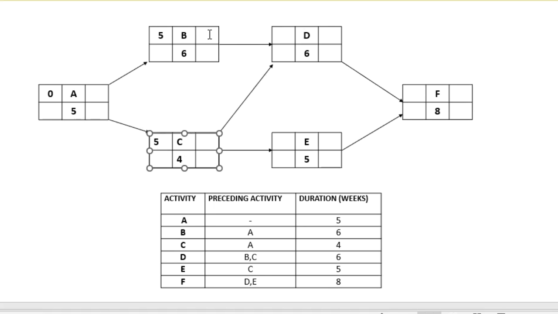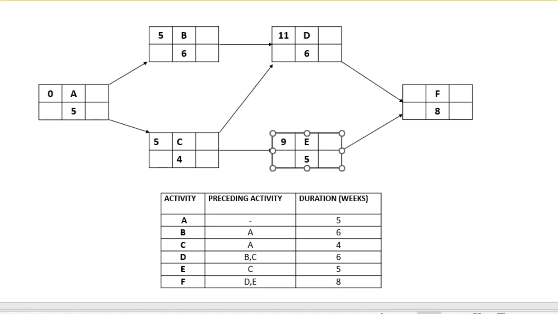So the earliest start time for D is 11 weeks. Now, E only needs to wait on C. Therefore, the earliest start time will be the 5 weeks for A and the 4 weeks for C. So the 5 plus 4, that's 9 weeks. And so the earliest start time for E is 9 weeks.